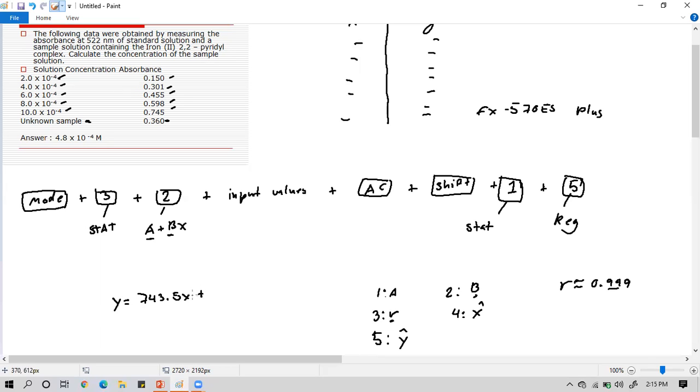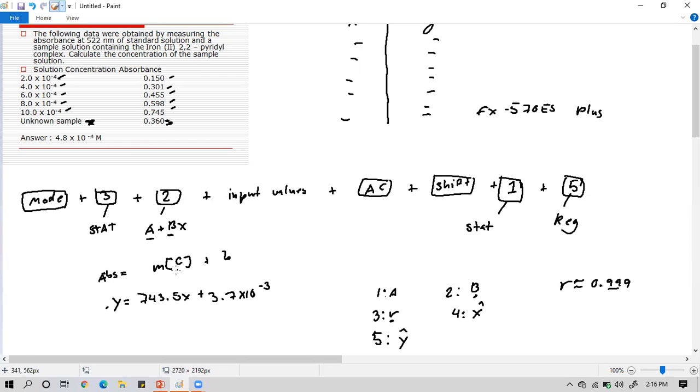And then, yung value ng A natin, which is the y-intercept, is 3.7 times 10 raised to negative 3. Now, the unknown sample has an absorbance of 0.360. Yun yung Y natin, guys. Kasi nga, di ba, pinlot natin siya with respect to absorbance equals slope times the concentration, which is the X, and then the y-intercept.